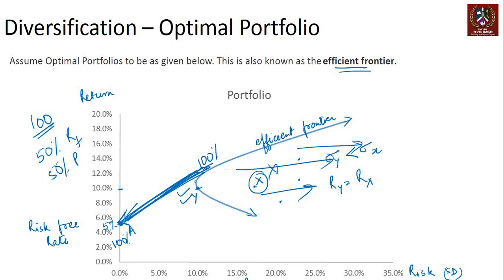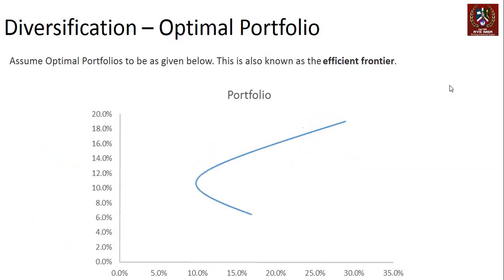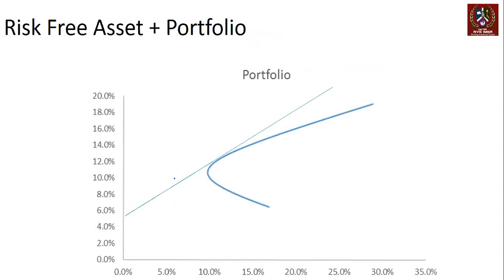Now a combination should lie somewhere in between, logically. So what we do is take this point where the risk-free asset lies and draw a tangential line to the portfolio. Pardon the drawing. The line would look something like this, where it cuts the portfolio somewhere here on the tangential line.